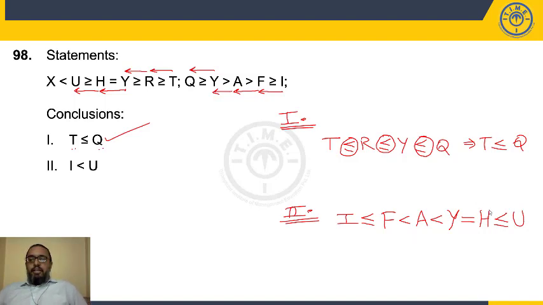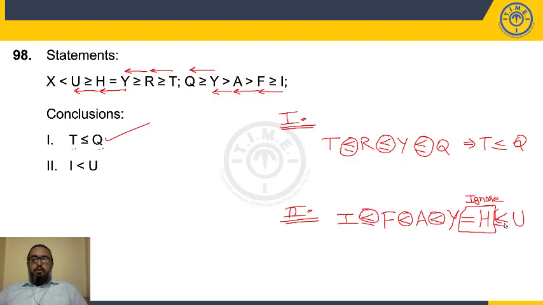Understood? And whenever you have an equal to sign, first always solve that equal to sign. Now what is the meaning of equal to? The values are equal. So when two elements are having equal to sign in between, you can simply ignore one of the elements. You can simply ignore H this time. I'll be ignoring H. Now for the remaining expression, you have less than appearing throughout the expression.